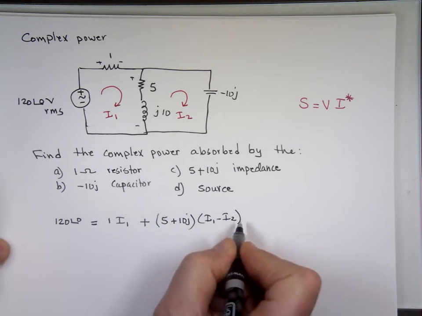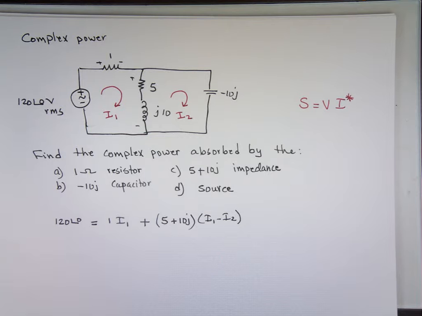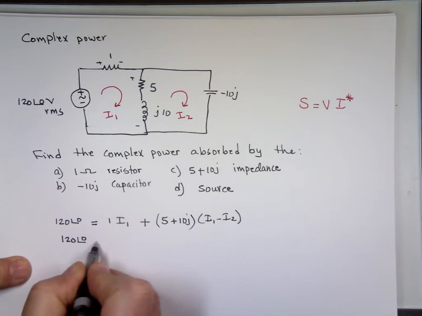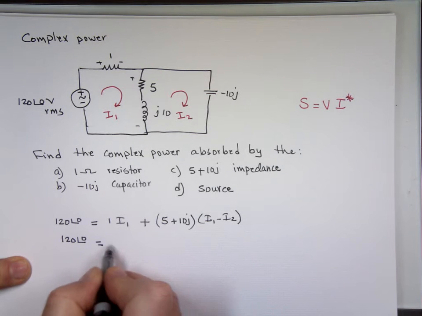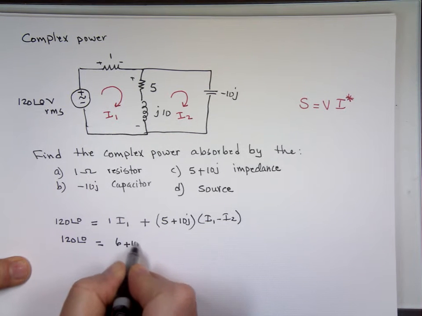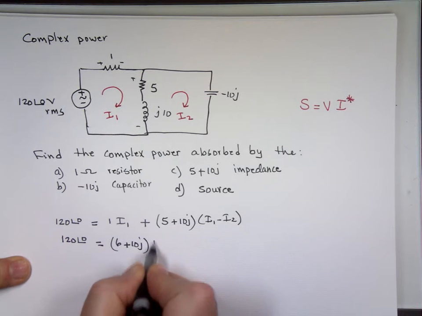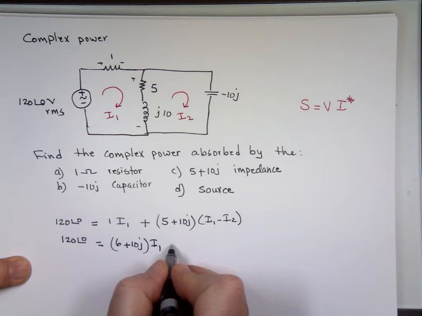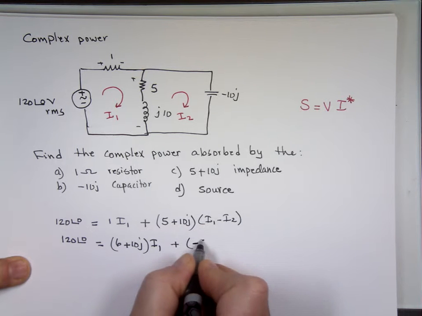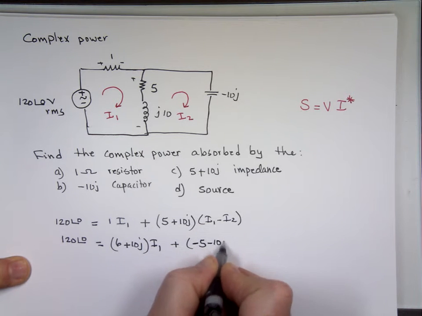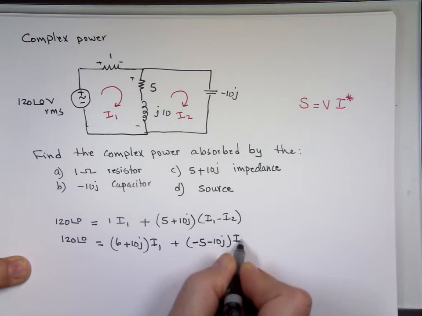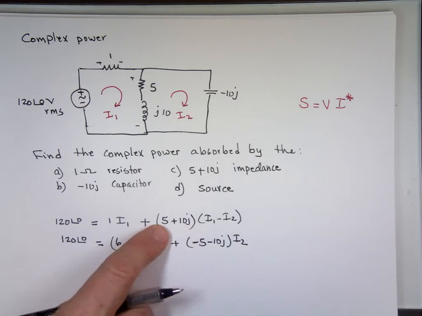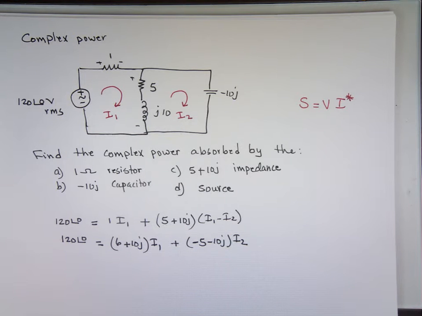Let me clean that up a little. 120 angle 0 equals 1 plus 5, that's 6, plus 10J times I sub 1, and this will be plus negative 5 minus 10J times I sub 2 when you distribute that, because that's a minus of the whole thing. That's equation 1.